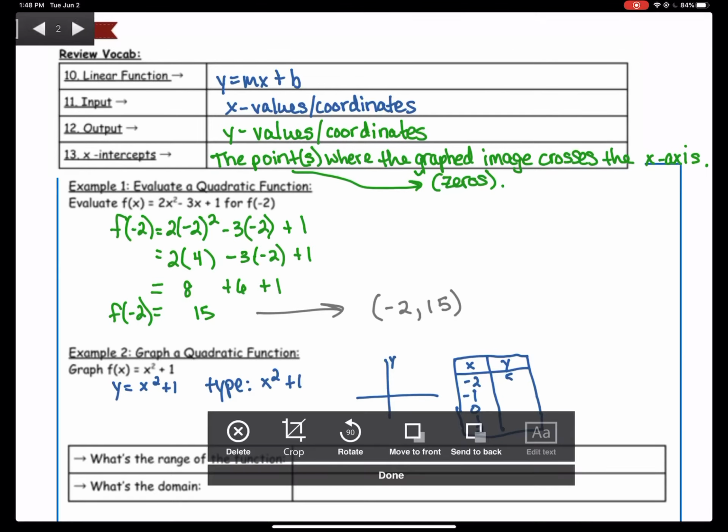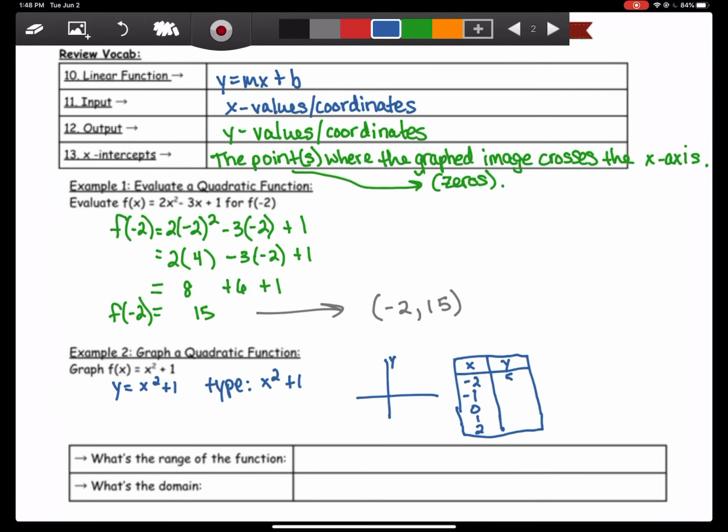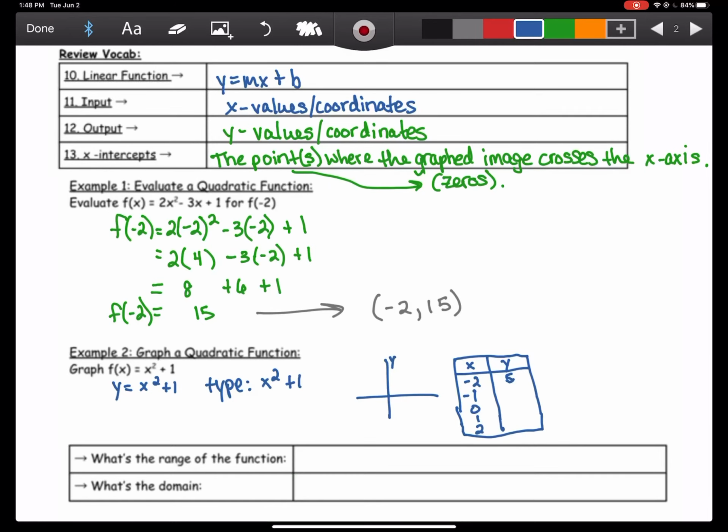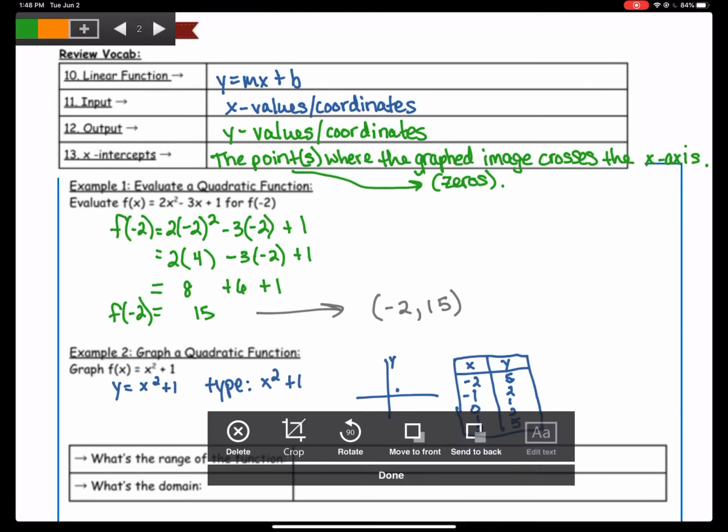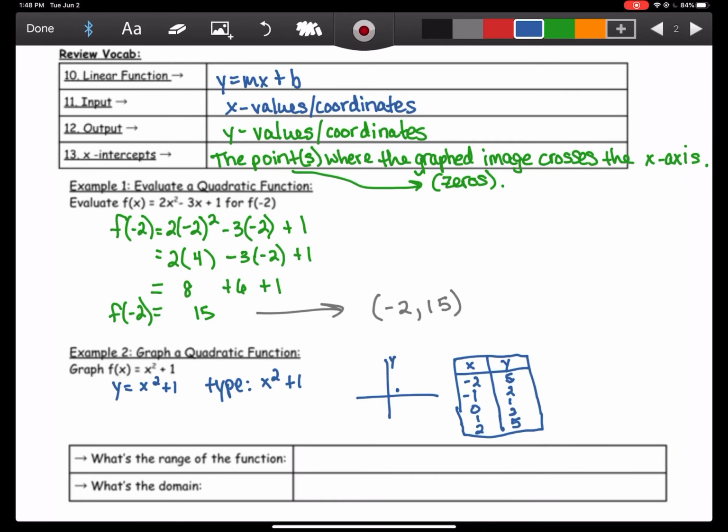When negative 2 is squared, we get 4 plus 1 is 5. And that means that when 2 goes in, we also get 5. When negative 1 goes in, we get 1 plus 1, so that's 2. We'll also get that when 1 goes in. And when 0 goes in, we just get 1. So at (0, 1), right about here, that's the vertex point.